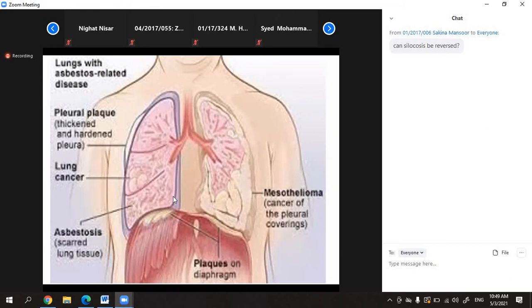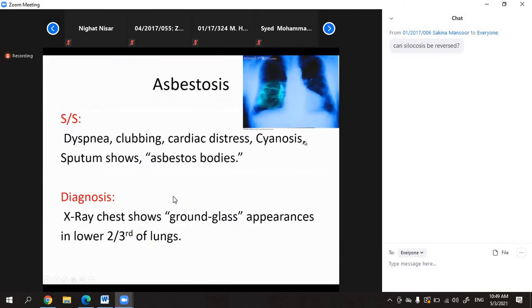You can see plaques on diaphragm and asbestosis causing scarring of the lung tissue. So it's again a serious disorder, and it can be prevented by taking preventive measures.